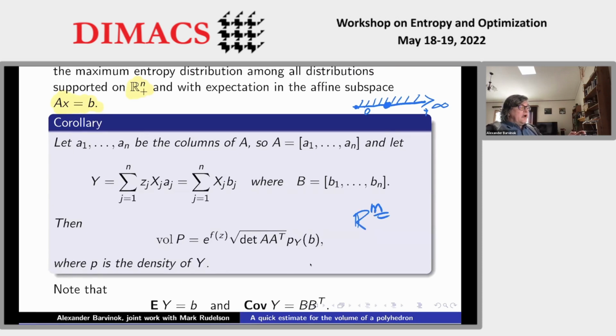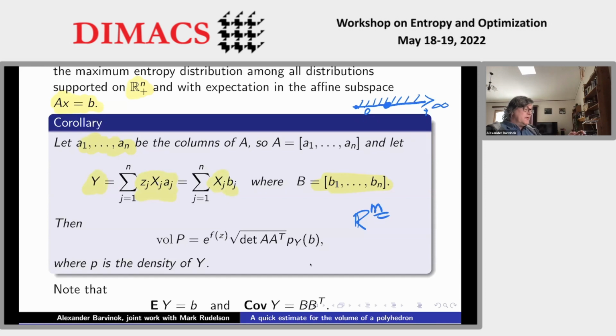So we have these columns of the matrix A, and we consider the random variable which is a linear combination of these columns with standard exponential random weights, but scaled by the analytic center, which is the same as taking the linear combination of the columns of the matrix B, scaled with standard exponential random variables.